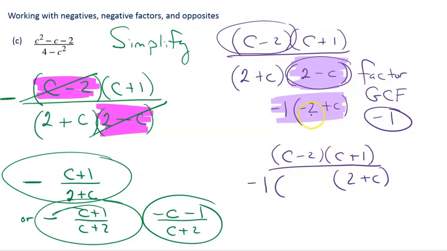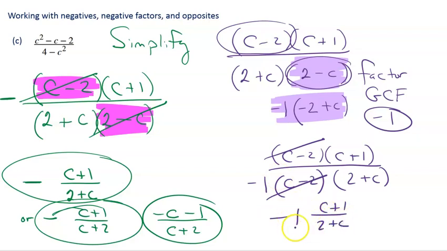Remember, you can rearrange the terms as long as you keep the signs with the terms. So this is a positive c, so I'm going to put c. This is a negative 2, so I'm going to put minus 2. Now you see what happens. The c minus 2 cancels with the c minus 2. And we're left with a negative 1 in the front, and I have c plus 1 over 2 plus c.